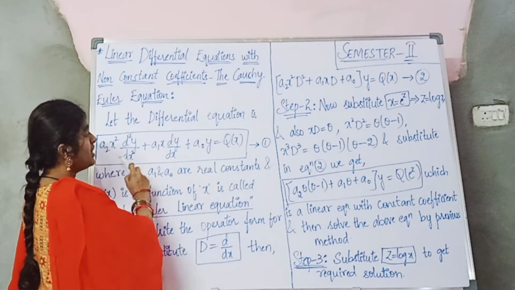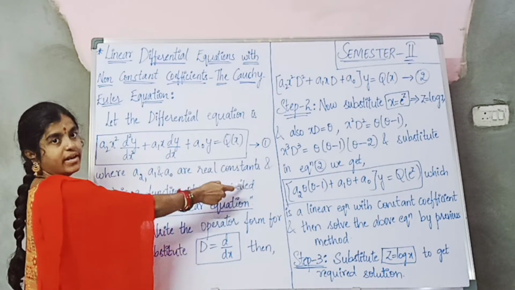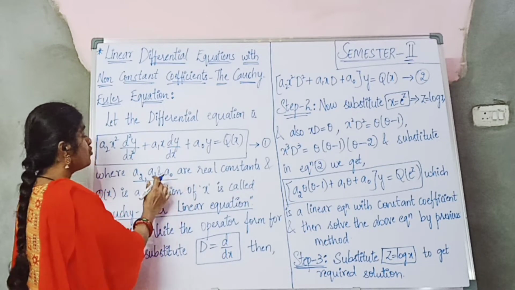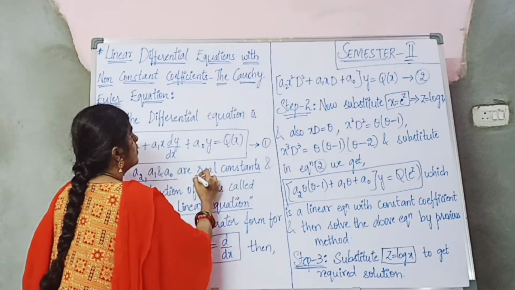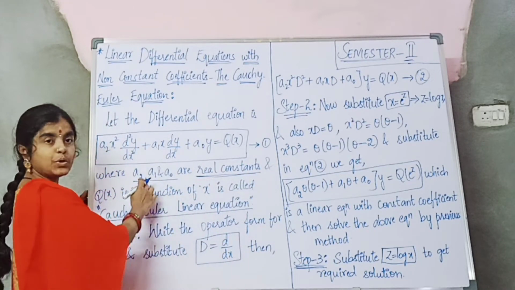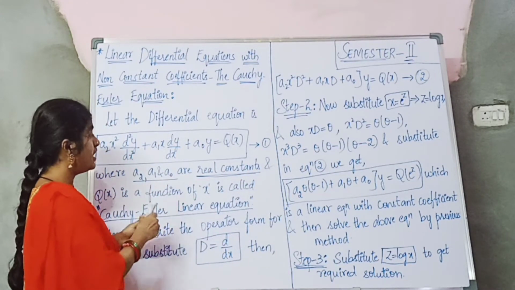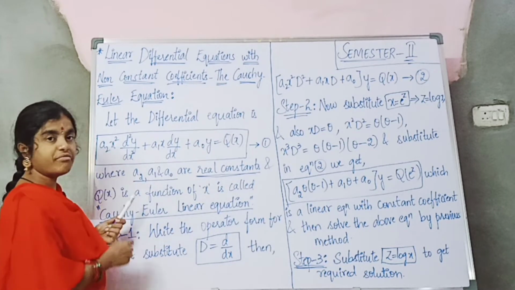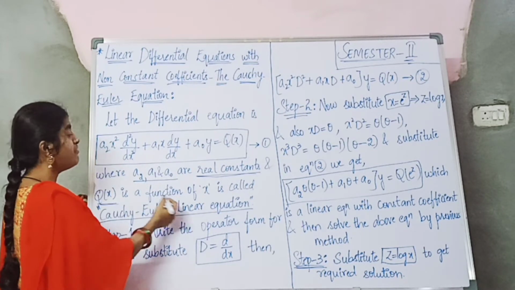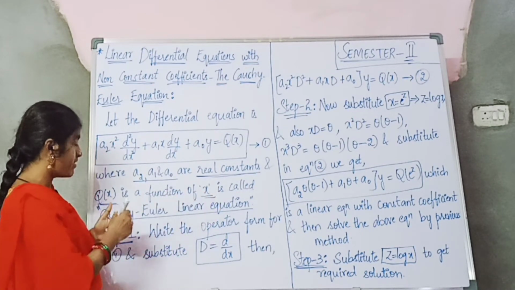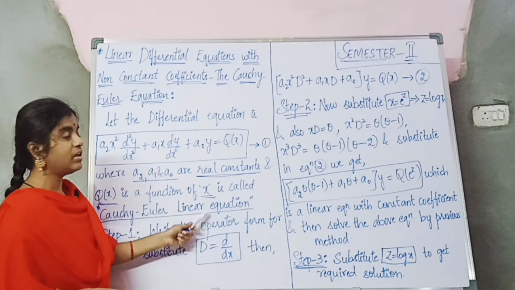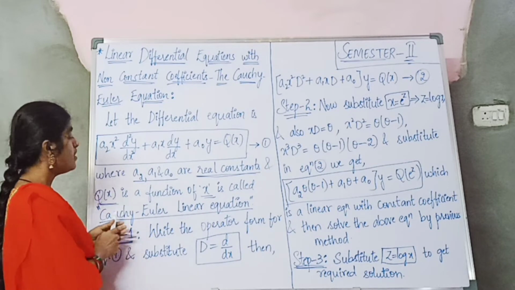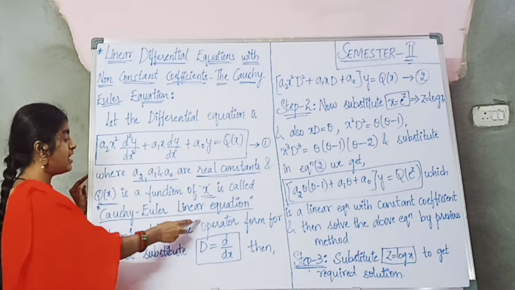We are considering this equation as equation 1, where a2, a1 and a0 are real constants, and q of x is a function of x. This is called the Cauchy-Euler linear equation.